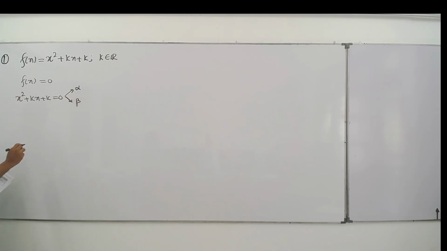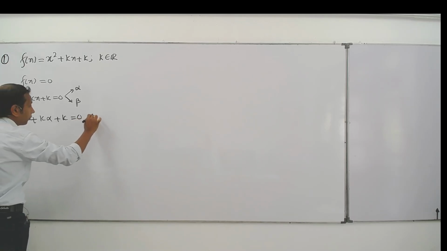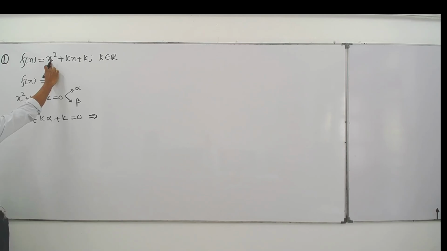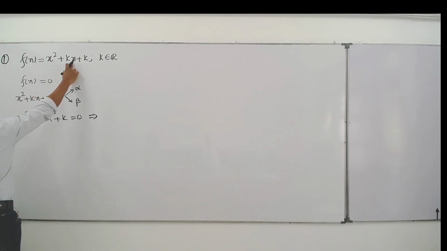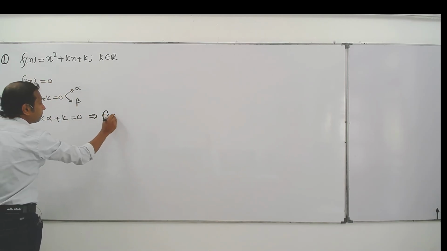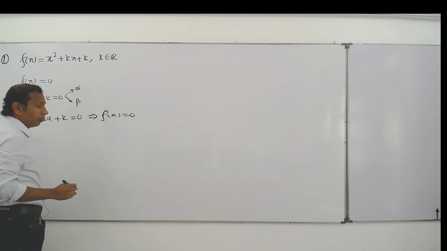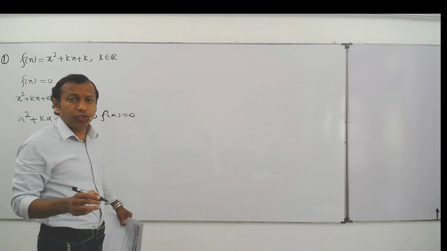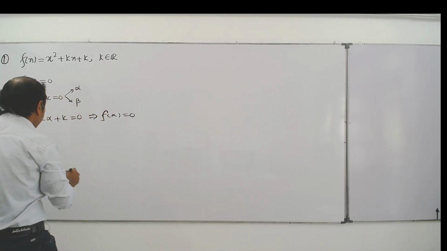Since alpha is a root, when I put alpha for x, we get alpha squared plus k alpha plus k equals 0, which means f(alpha) is 0.